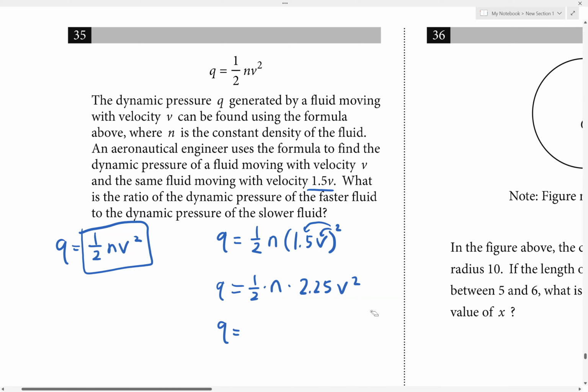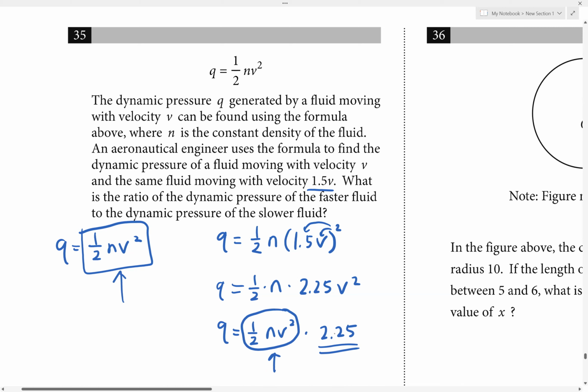The only difference is this whole thing is multiplied by 2.25. So we can rewrite this as 1/2 nv squared times another 2.25. This 1/2 nv squared is what we had originally, but the new one is times 2.25.